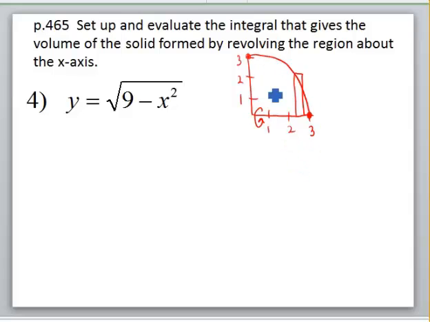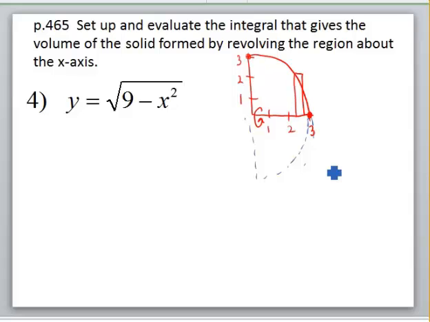It might look like a bowl shape on the outside, but all filled in on the inside, so maybe almost half of a sphere or something.